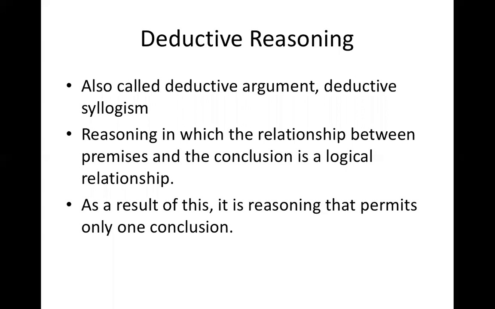When a particular procedure is logical, you can only have one outcome. It is just like a mathematical operation. If you have 2 plus 2, you have only 4. You can't have 4 and another number. That's why we say it permits only one conclusion. And this is particular to deductive reasoning.